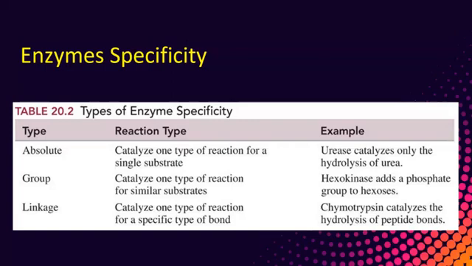And the linkage, one type of reaction for a specific type of bonding. So it must be a group of substances since we are talking about bonding. When we say bonding, there is a connection of molecules or enzyme molecules.